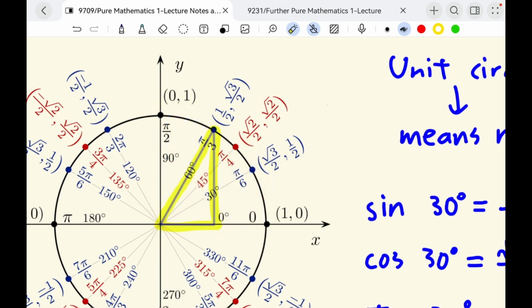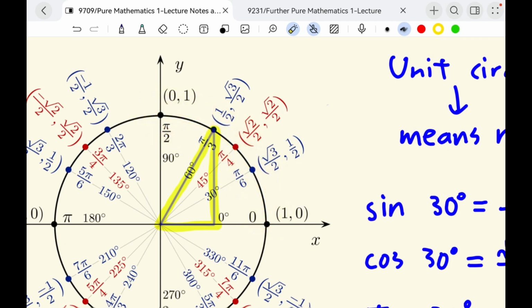Meanwhile, the horizontal distance from here gets smaller and smaller. Why? Because its horizontal distance, or the cosine, varies from here to here.